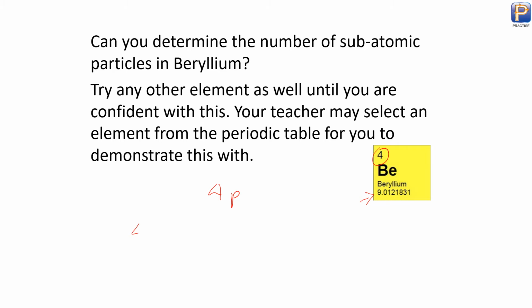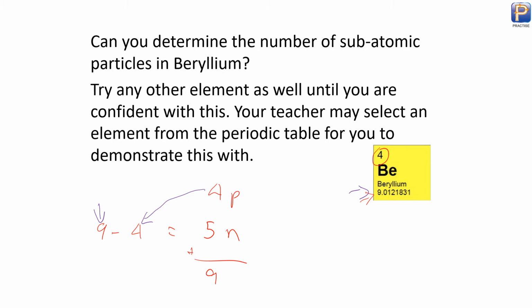So 4, let's write that again. 9 minus the 4 protons. So that is those 4 protons. This number here is this number here. 9 minus 4 is 5 neutrons, because 4 plus 5 is 9 particles in the nucleus.